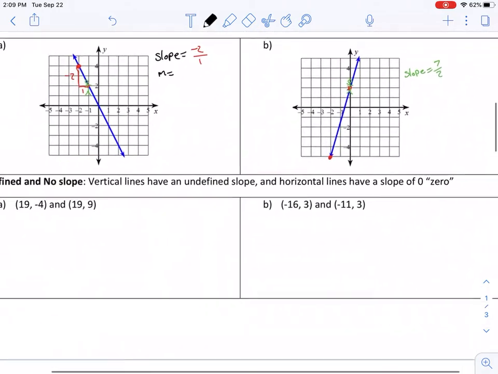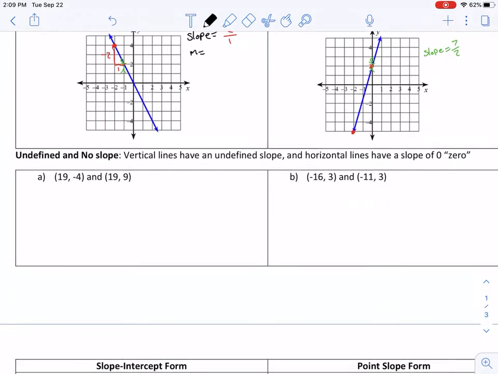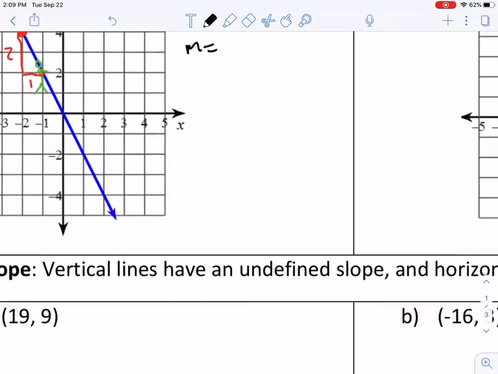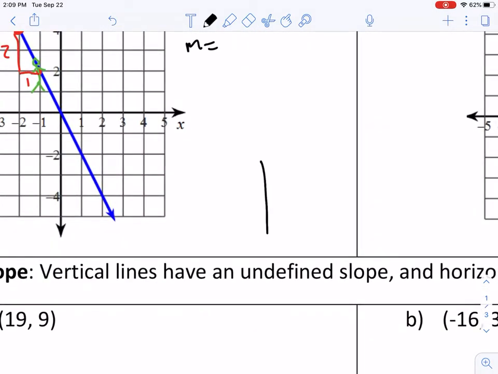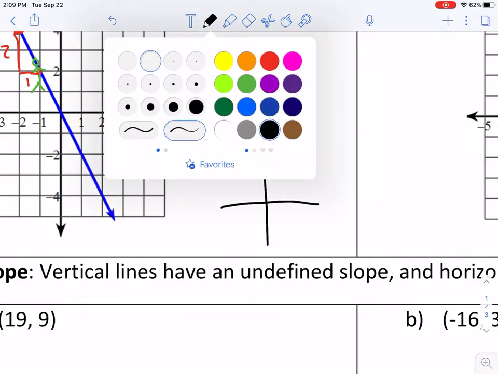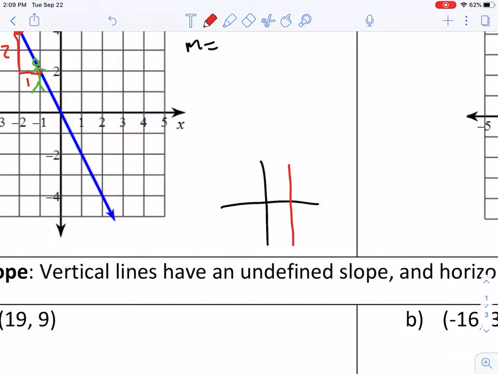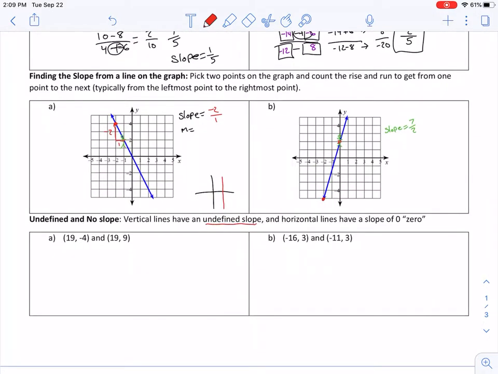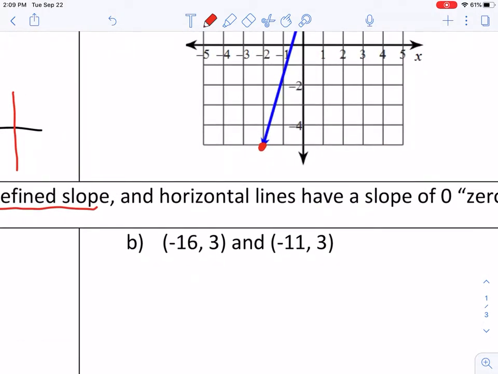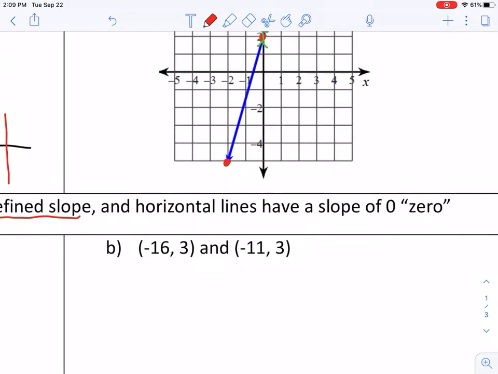All right, moving along. Undefined and no slope. If you are given a graph, and on your graph you have a vertical line like this, this would be an undefined slope. Horizontal lines, if you think about skiing and a ski slope, a horizontal line will have a slope of 0 or no slope.